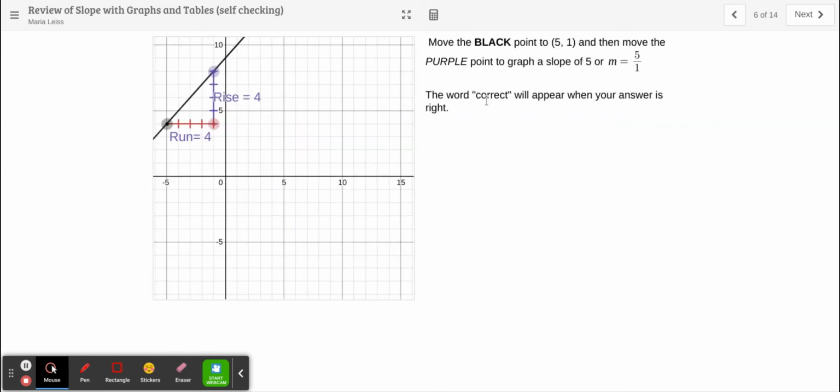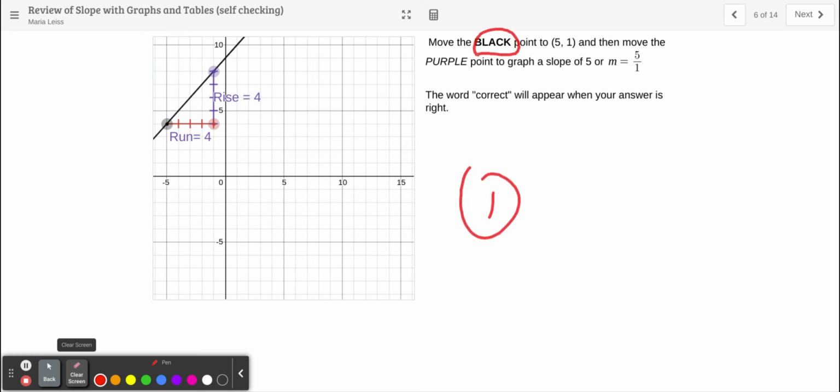Now it's going to get a tiny bit trickier because now you've got 2 things to do. Thing 1, you have to take the black point to 5, 1. Then the purple point goes to the slope.